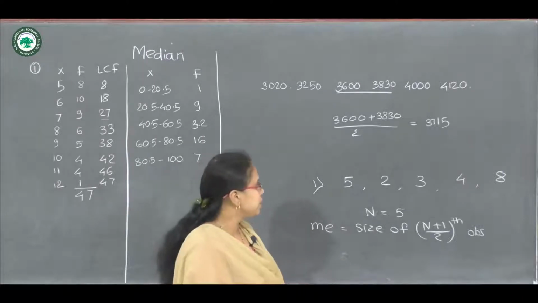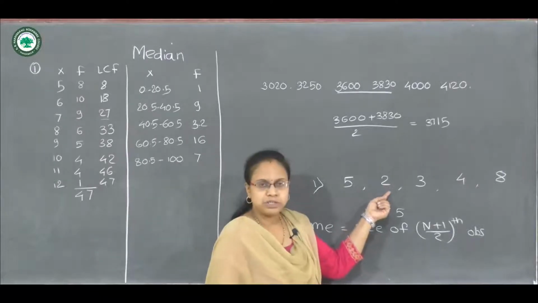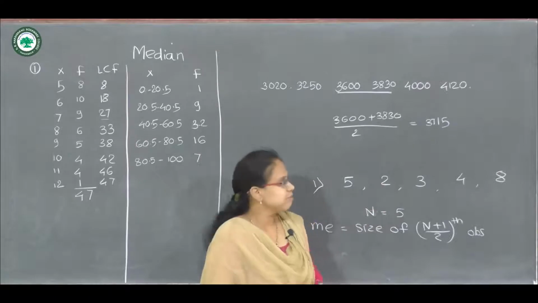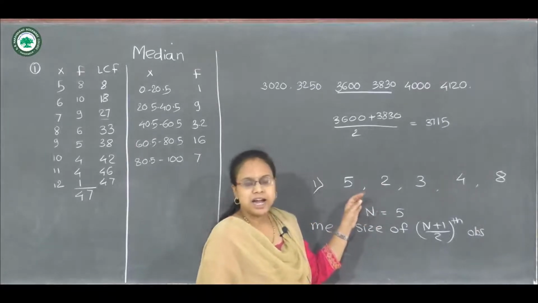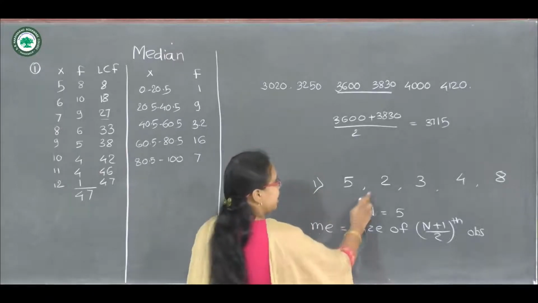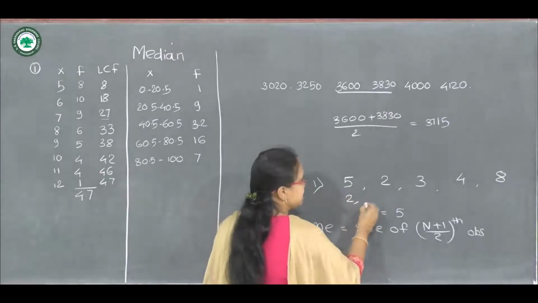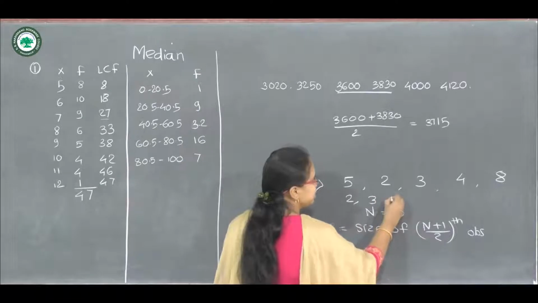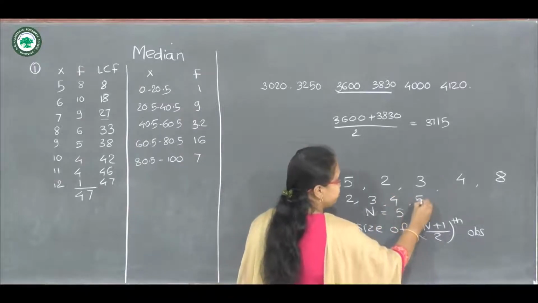So we have to first arrange these observations in ascending order, that is increasing order, and the third observation is our median. I will arrange these observations in increasing order: 2, 3, then 4, then 5 and 8.